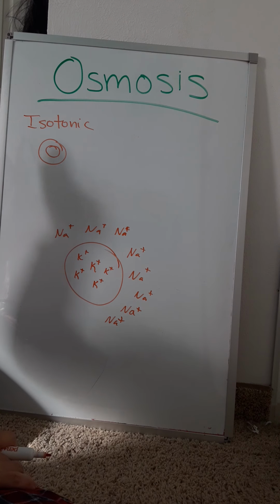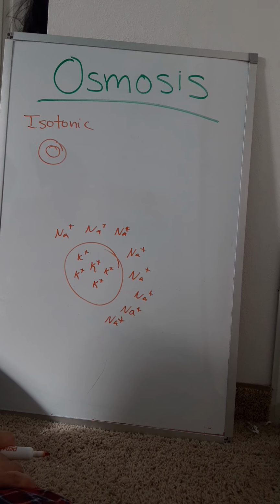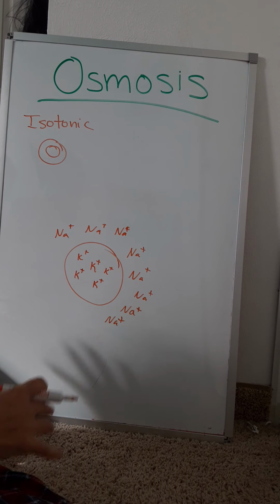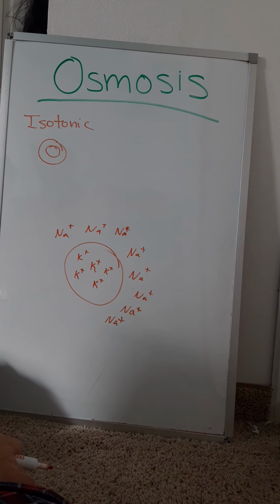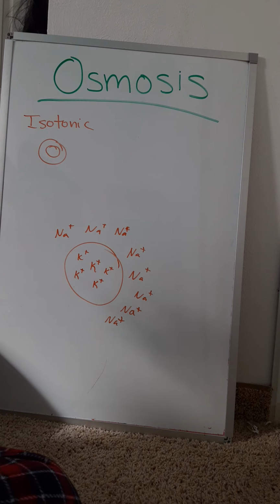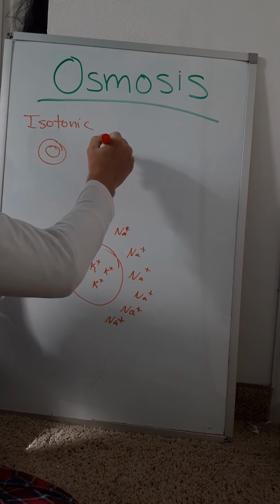So in an isotonic solution, the pressure between the inside and the outside is equal. Let me do another one here.